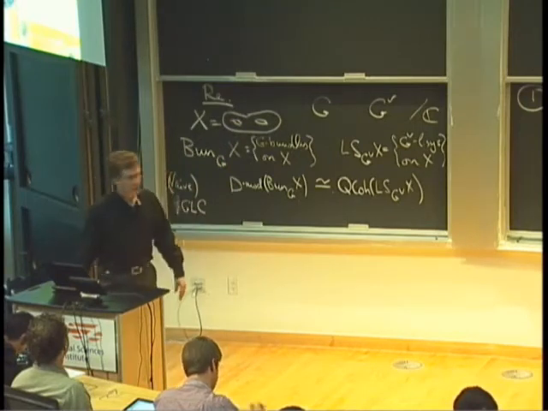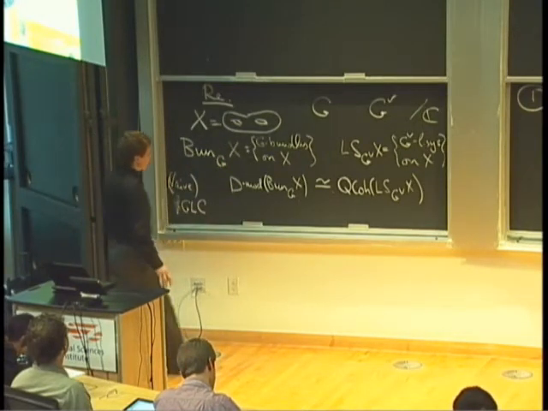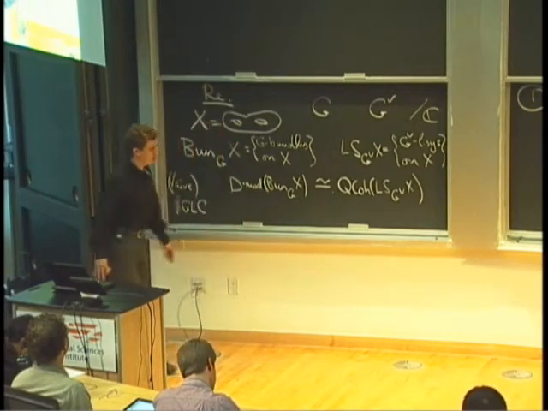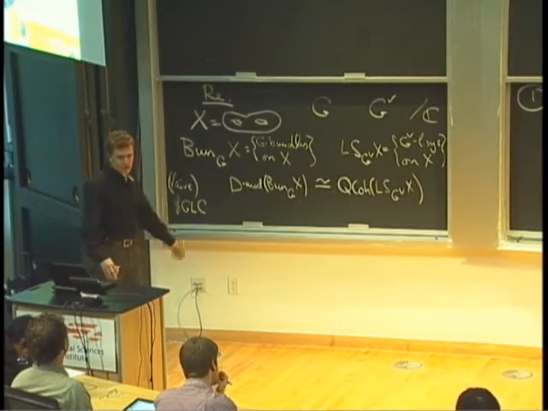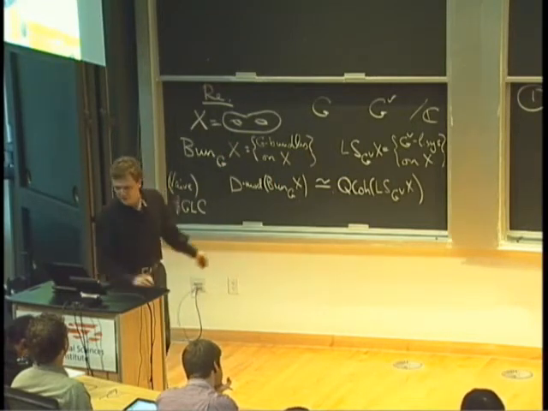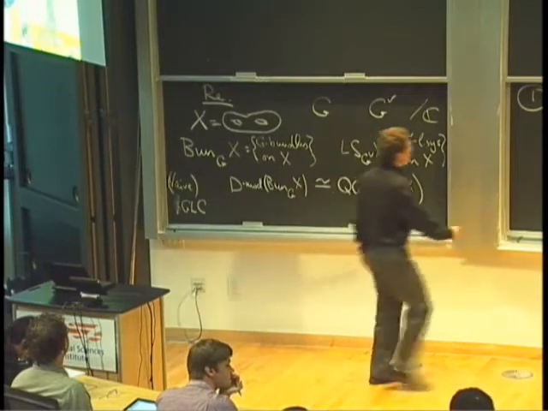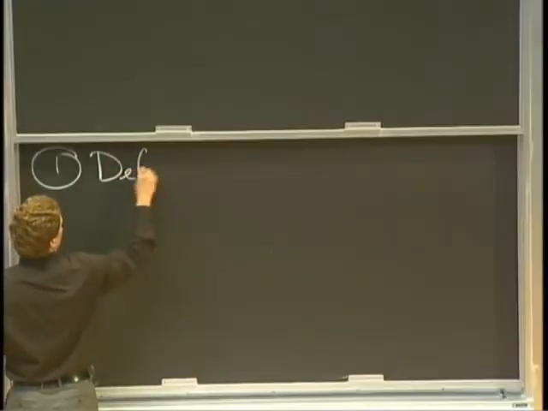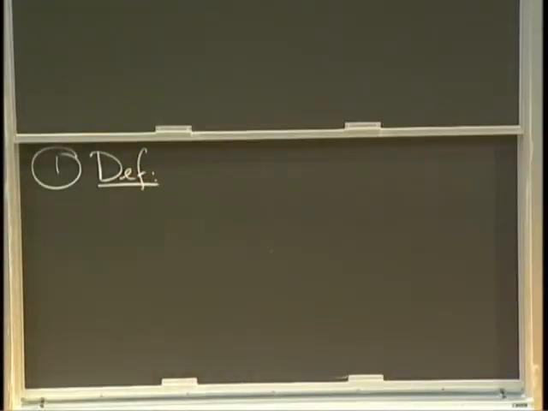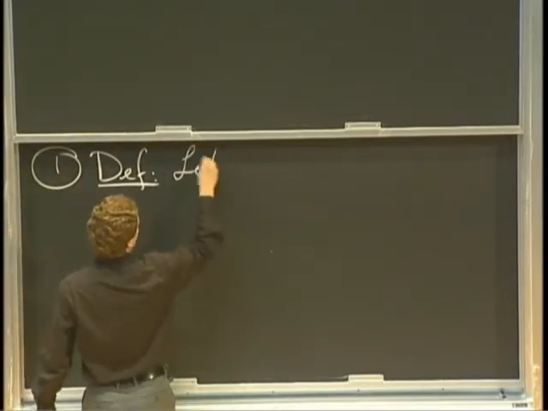Now, the easiest way to describe it is to use some formalism from category theory. Namely, I want to look at compact objects. Here is a useful definition in general.